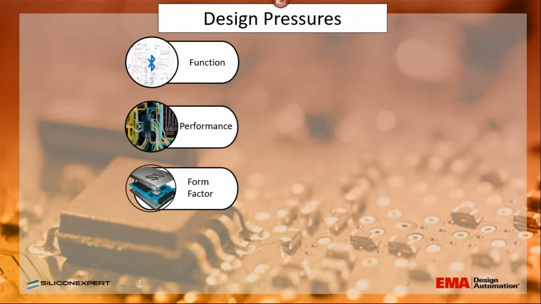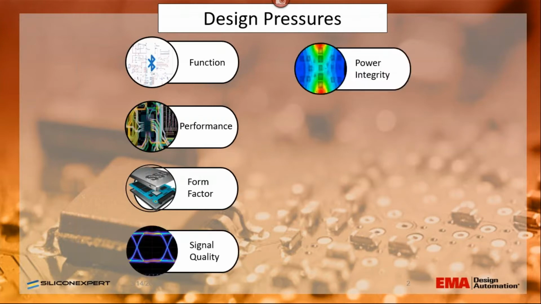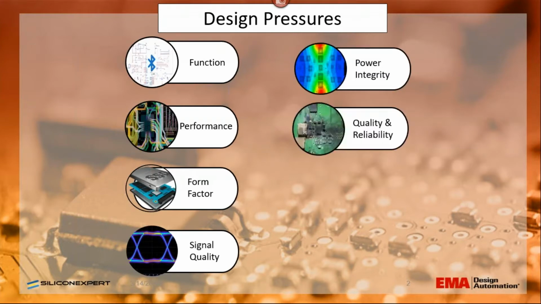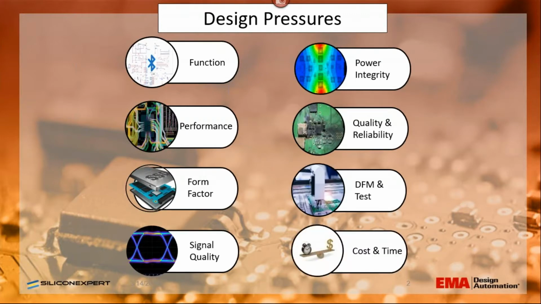Form factors, making sure everything fits into the package. Like I said, signal quality, power integrity, quality and reliability, design for manufacturing, and cost and getting the design out on time is also very critical.